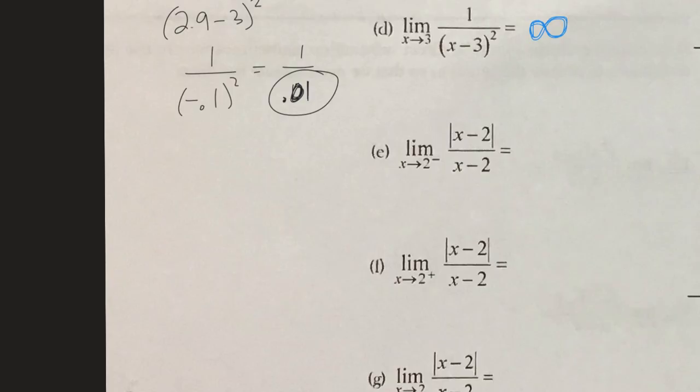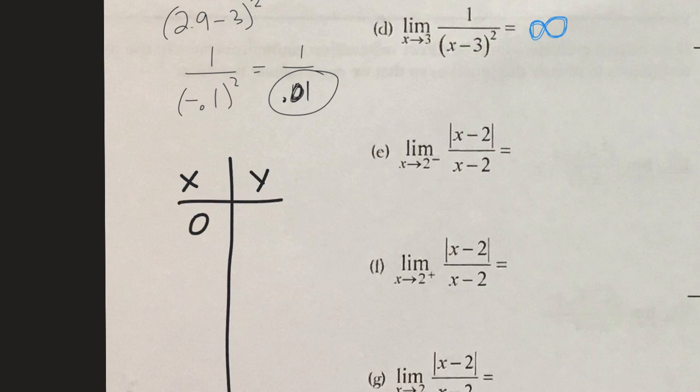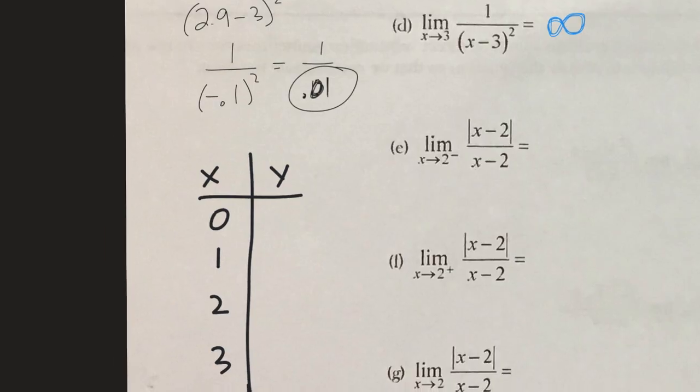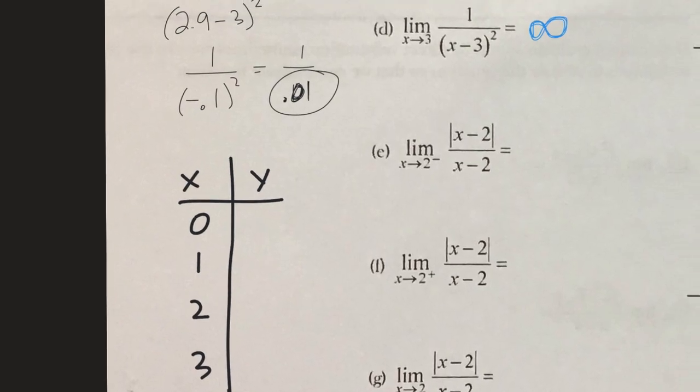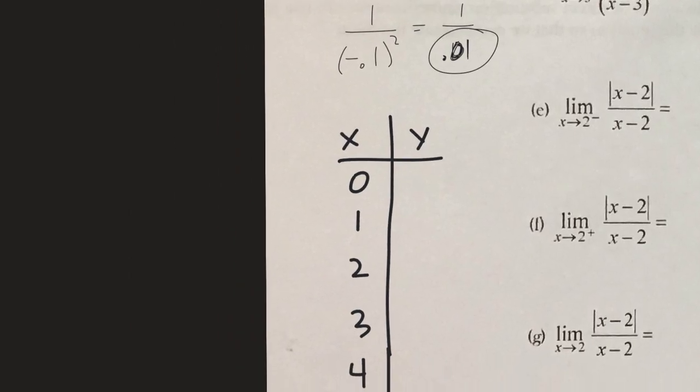Let's see, positive 2 is what we're looking for, so x and y. We'll go with 0, 1, 2, 3, and 4. So these will be our x values for this graph here of absolute value x minus 2 over x minus 2. Okay, so when I plug in 0, that's the absolute value of 0 minus 2 over regular 0 minus 2.